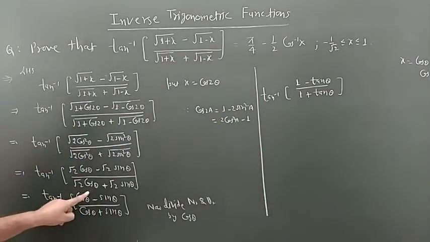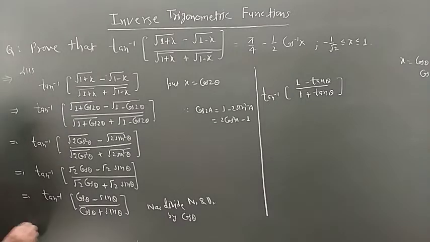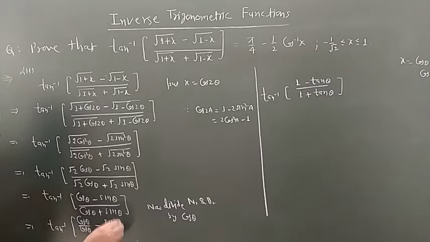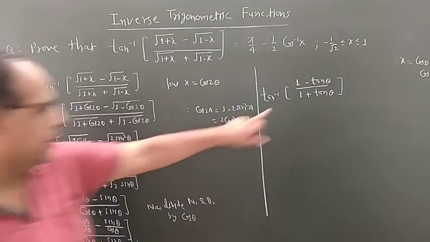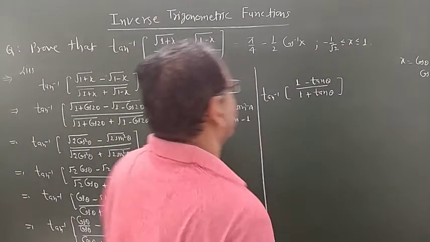If cos theta is divided by cos theta, we have 1, and sin theta upon cos theta is tan theta. You can see it also as tan inverse of (cos theta upon cos theta minus sin theta upon cos theta) upon (cos theta upon cos theta plus sin theta upon cos theta). So this step can be expressed as tan inverse of (1 minus tan theta) upon (1 plus tan theta).